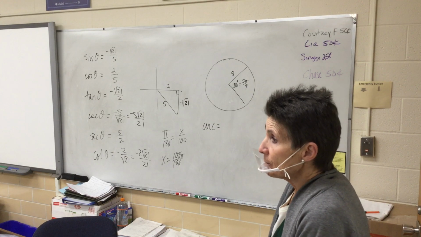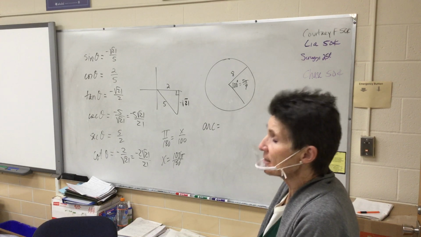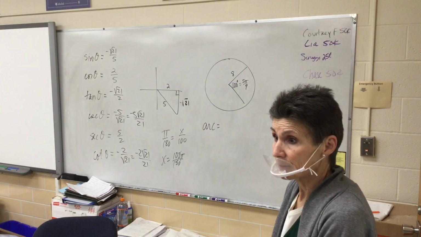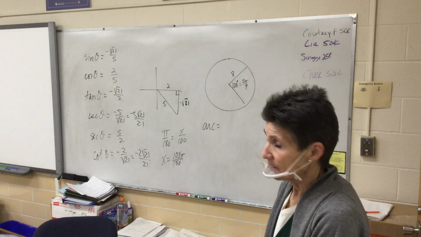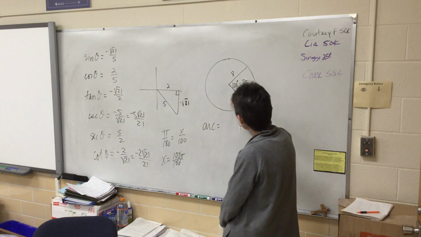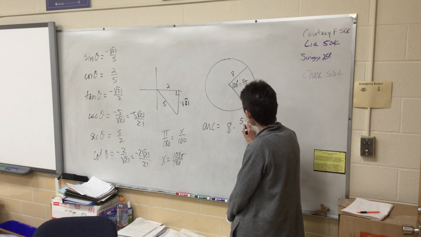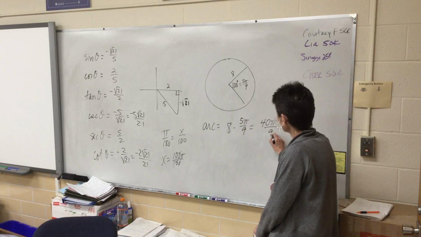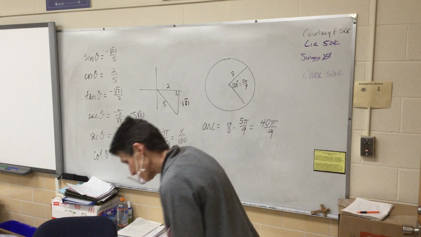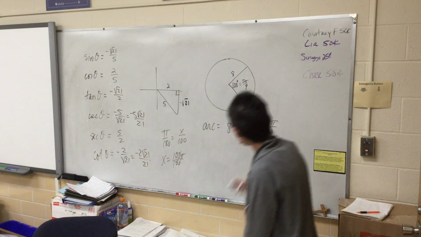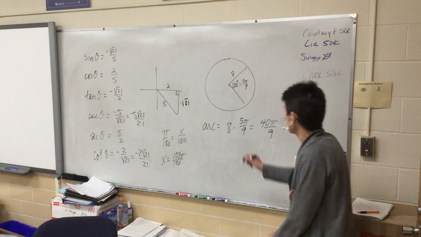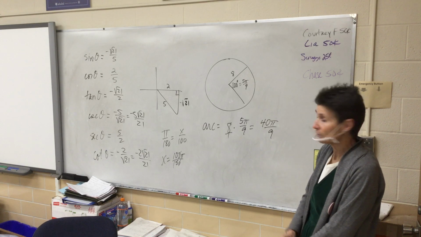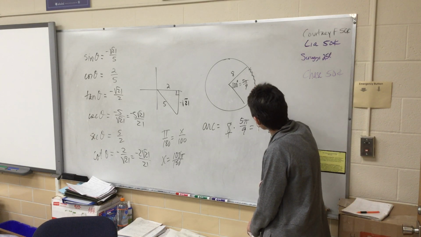A mistake that's very commonly made is kids will put that in the answer blank. That isn't the answer. To get the answer, you're going to take 8 times that number. So 40 pi over 9. Do I have a unit? Nope. So 40 pi over 9 would be the answer. Is that okay with everybody? And that's the arc length. That's this distance right here.